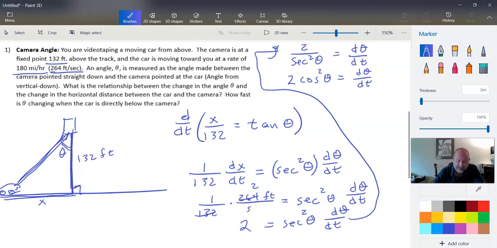The angle is 0. Cosine of 0 is 1. And so that means it's changing at 2 radians per second when the car is directly below the camera. Once you have the relationships, it's just a matter of plugging in values.